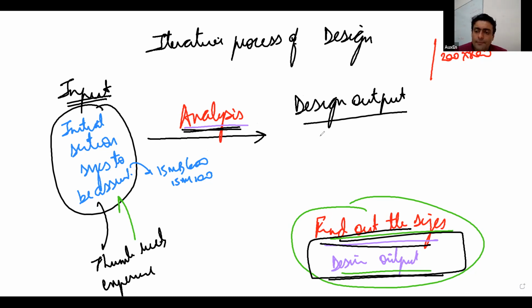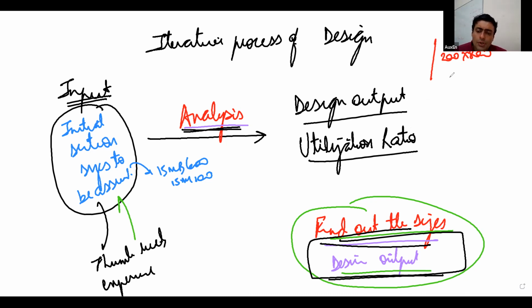Now in case of steel structures, because we are going to do steel design in this program, the design output in case of steel structure, you get it in terms of what is called a utilization ratio. So whether you are using STAAD.Pro or ETABS, it gives you output in terms of utilization ratio.